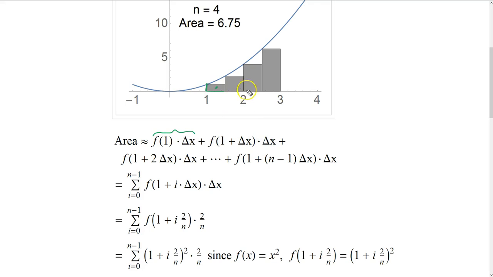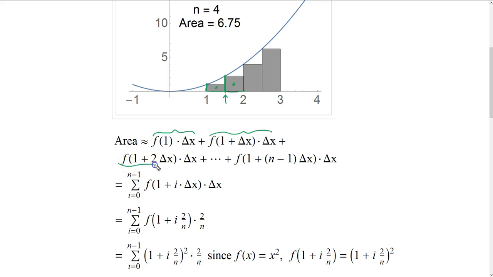The second rectangle, notice we evaluate f of 1 plus delta x, that's this point right here. That point right there is 1 plus delta x. When we evaluate f of that quantity, we get this distance. And then we multiply by delta x, and that gives us the area of our second rectangle, and so on.